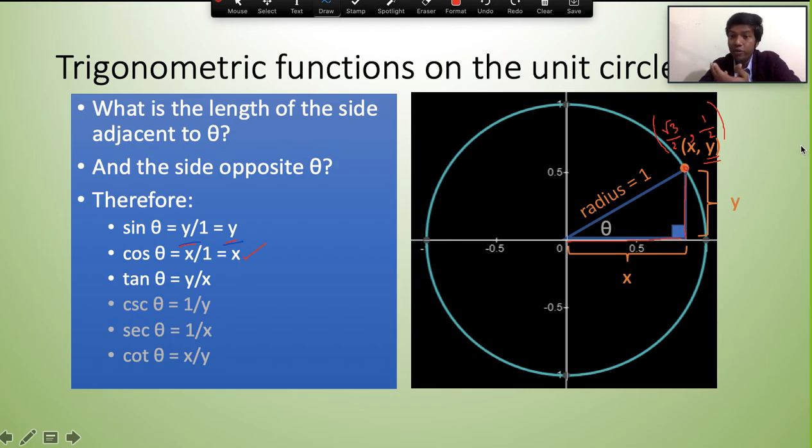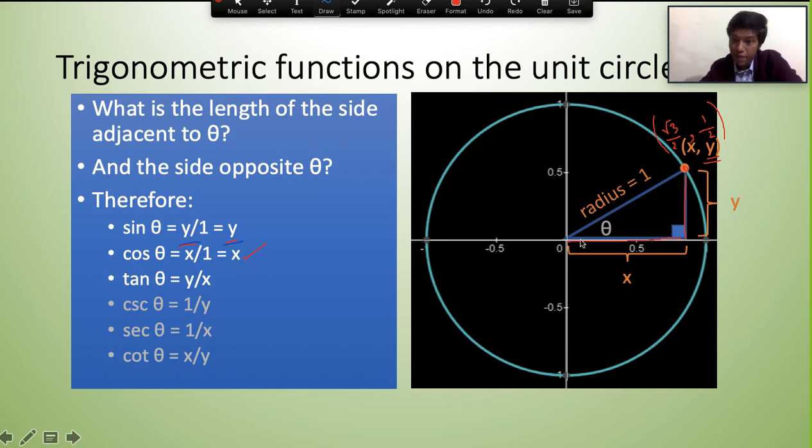What will it mean? See, y equals sin theta, so it will mean that sin theta equals half. Automatically it will mean cos theta equals root 3 by 2. And if you know the theta, of course I already said this is 30 degree in this case, it will match with everything.